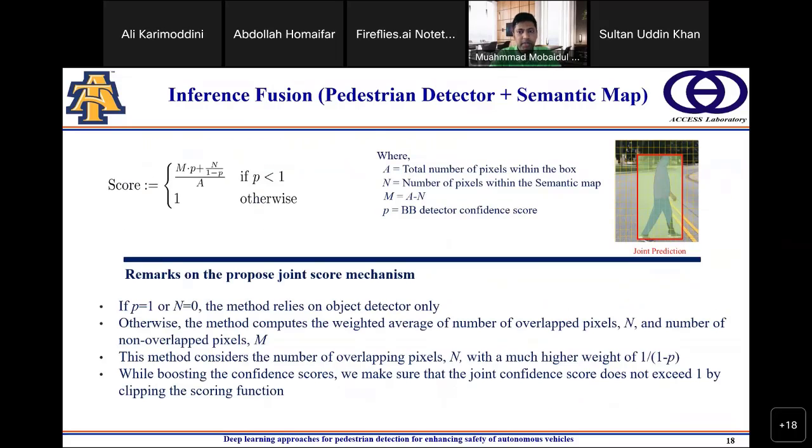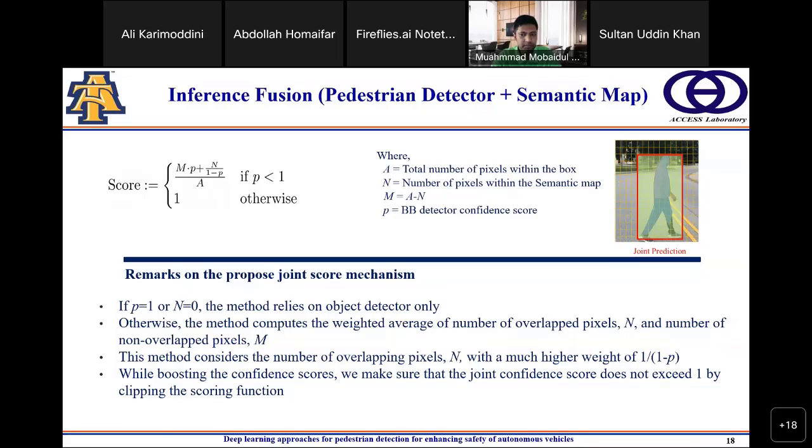Now let's look at the boundary conditions of the fusion algorithm. If p equals 1, that means the detector network is fully confident about the pedestrian, 100% confidence, or if N equals 0, that means there are no overlapping pixels, then the model relies only on the confidence score of the detection network.